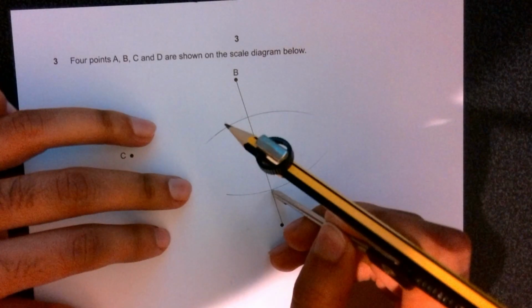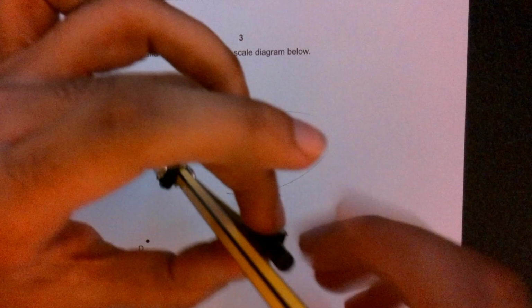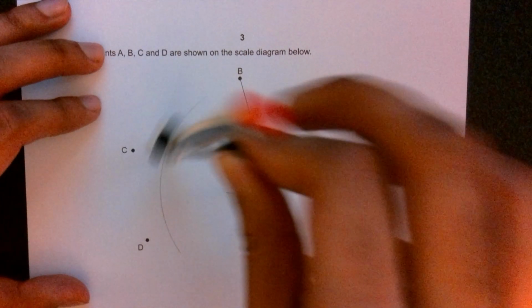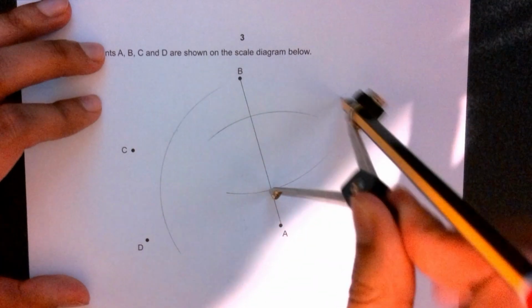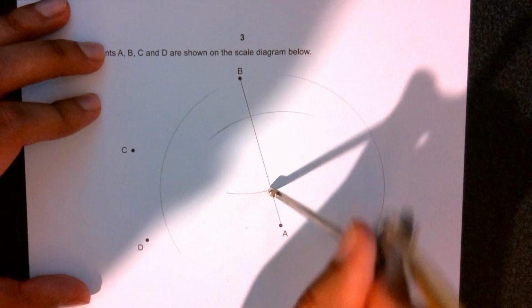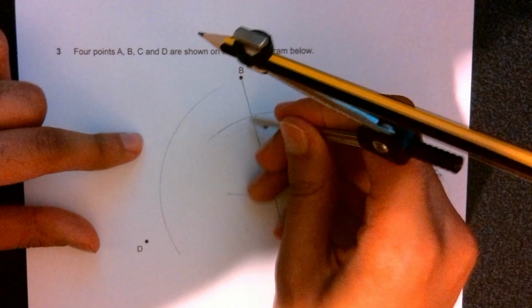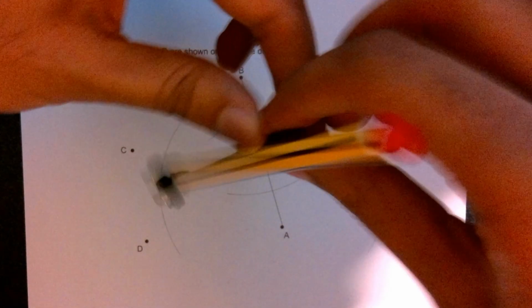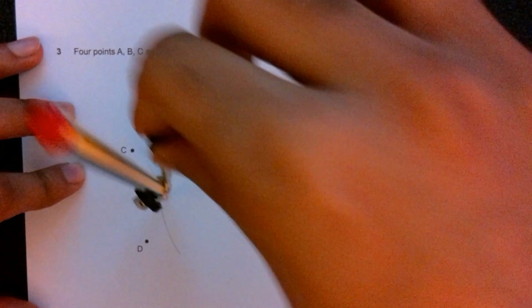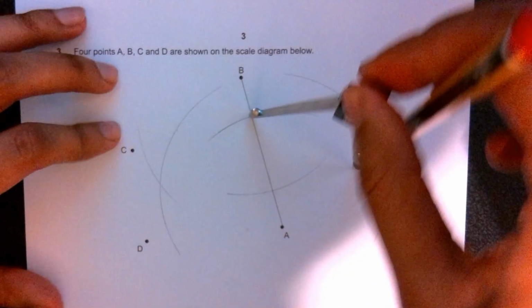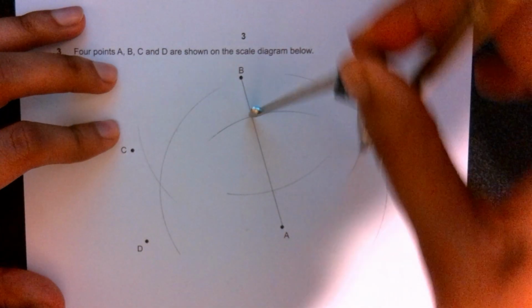Point a bit at this intersection point, draw an arc, same thing over here, and then retain the same distance on this intersection point, draw a line, and draw another line.